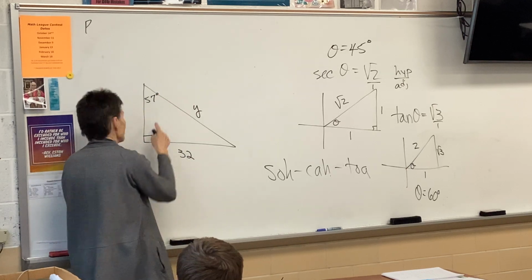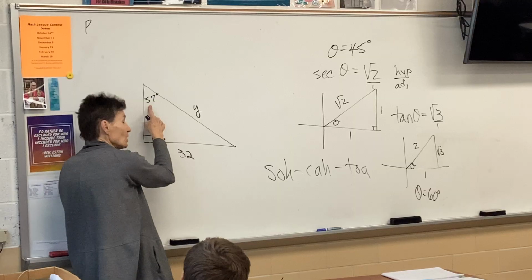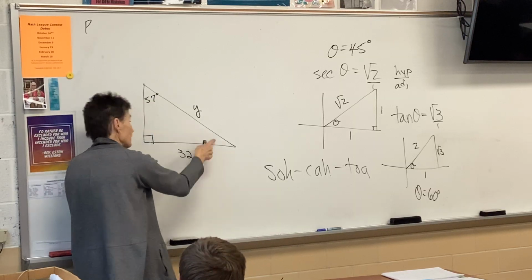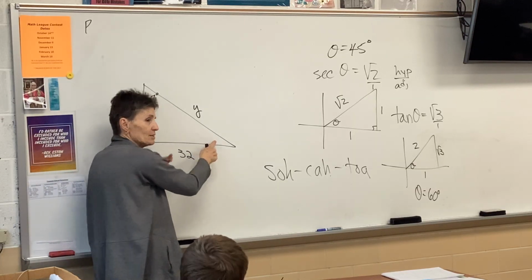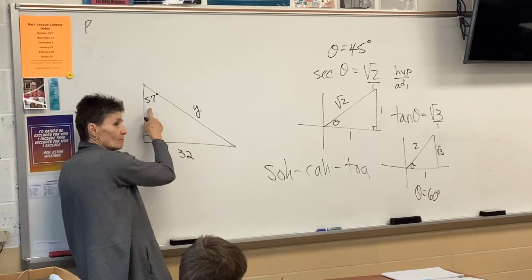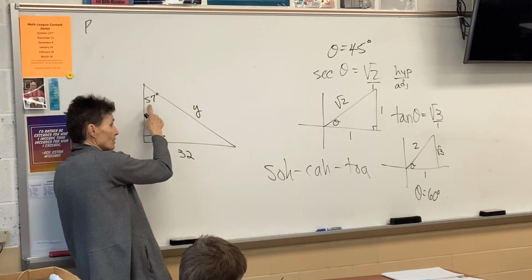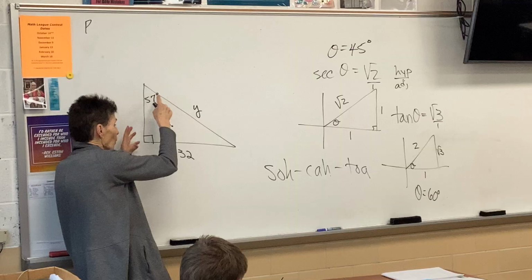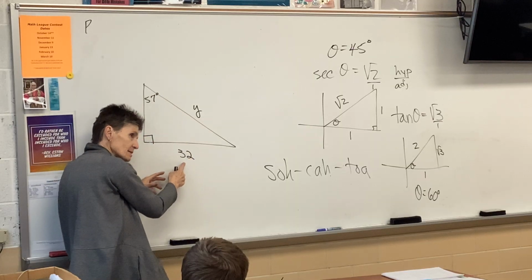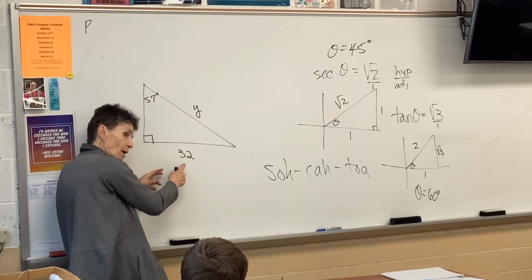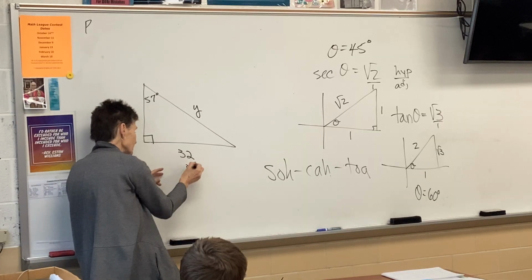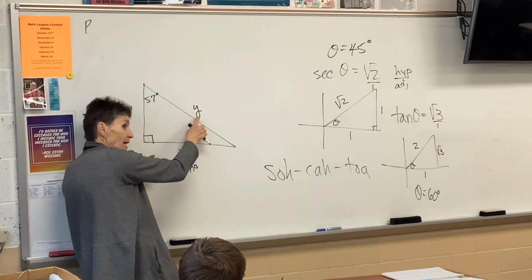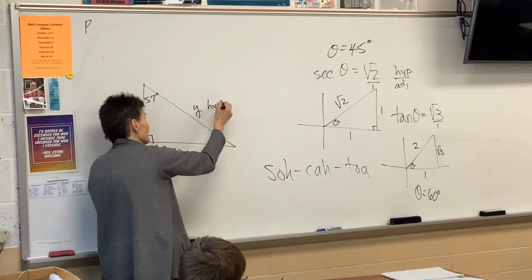Could I, if I really wanted to, figure this one out? Yeah, but I don't need to, so I'm just gonna use this one. With regard to that angle, which side is this? Opposite, adjacent, or hypotenuse? This is opposite. And the other side I'm looking for is the hypotenuse.